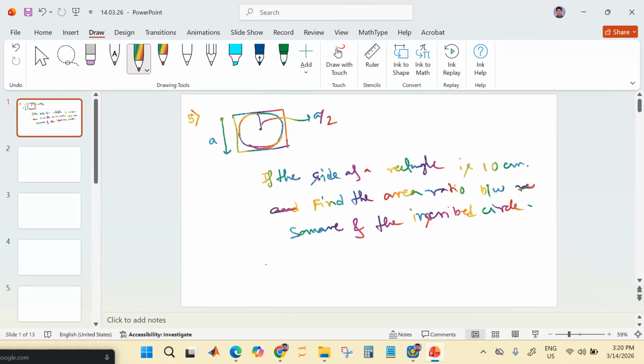So your answer, directly you can write, that is you have to find the area of square by area of circle.